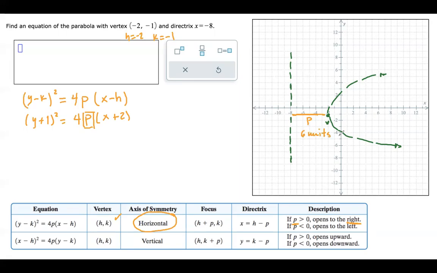And if you wanted to find the focus, you would have to go the same distance. So this is 1, 2, 3, 4, 5, and 6 this way. So the focus is going to be at 6 units this way. And because it opens to the right, as I said, p has to be greater than 0, or positive.